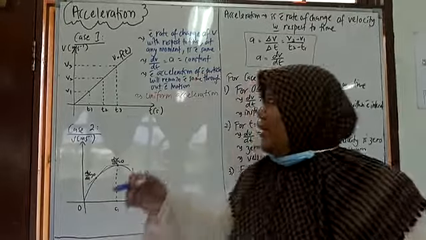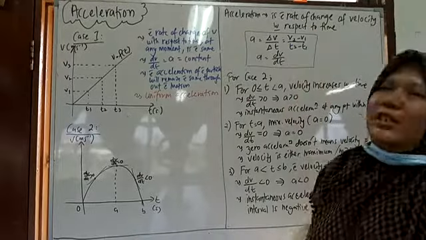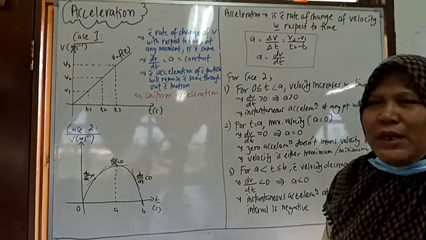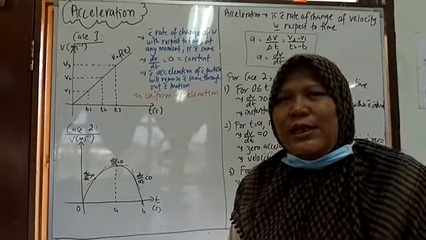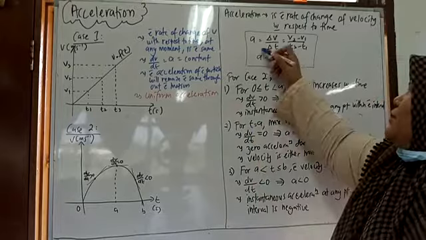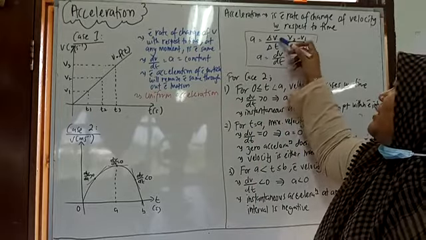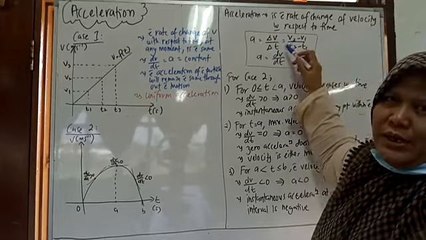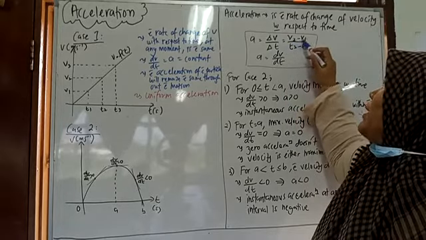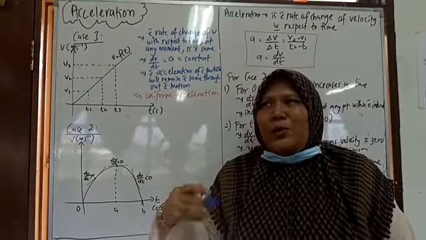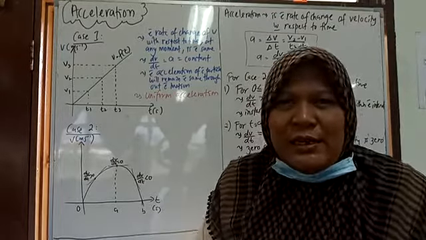Acceleration is the rate of change of velocity with respect to time. You have learned about acceleration in physics. So what does physics say about acceleration? Acceleration is the change in velocity with respect to time, in which you get this formula, v2 minus v1 over t2 minus t1.